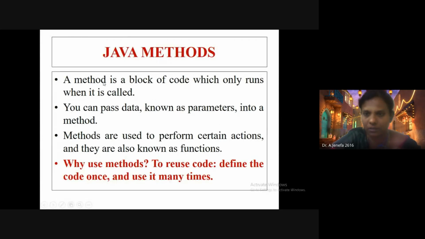Let me tell you the definition of a Java method. A method is a block of code which only runs when it is called. When we see the example, we can understand what a method is, and what method calling and method definition are. When you call a function, you can also pass parameters and arguments from the function call to the function definition. And the third point is that methods are used to perform a certain function, also known as a function.